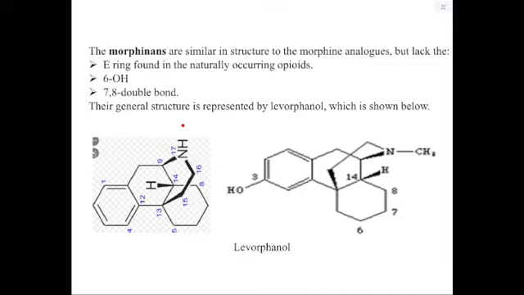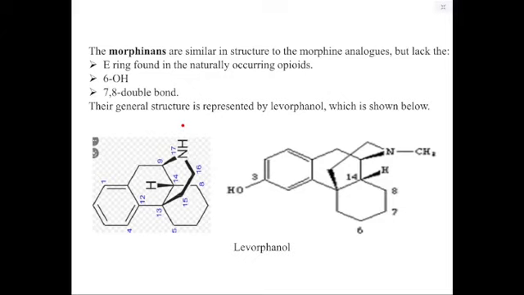So please note the numbering of the morphinans is similar to that of the morphine and analogs, because actually the only thing you have removed is at position 4 and 5, and the oxygen was not carrying any number. So again, the numbering, as you can see, 4, 5, 6, 7, 8. Then we go to position 9, which is attached to nitrogen.